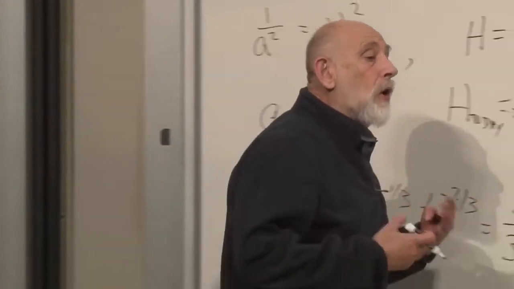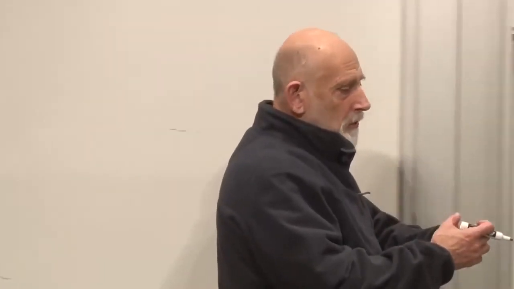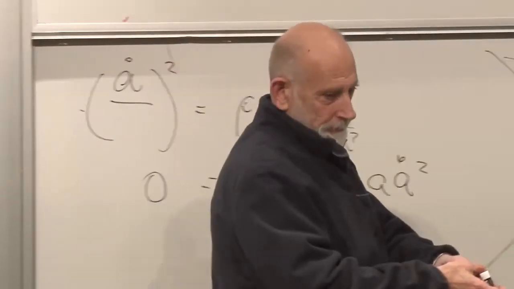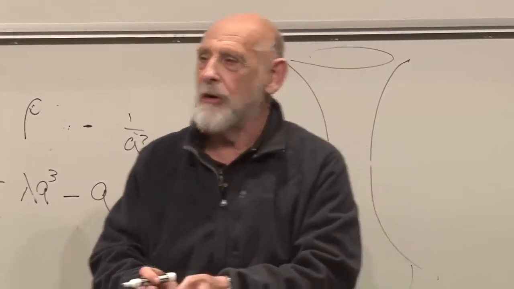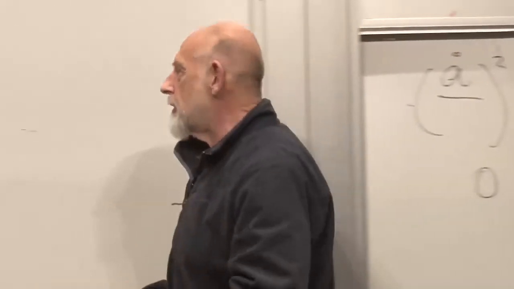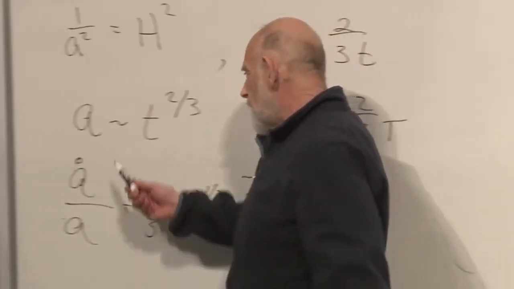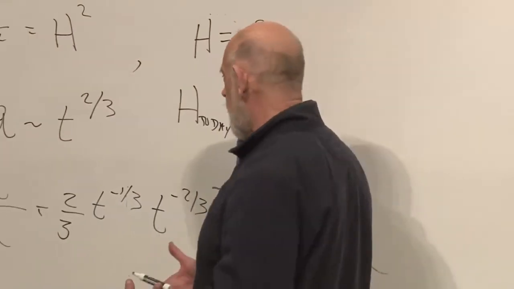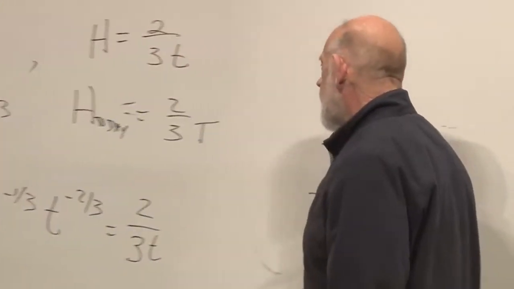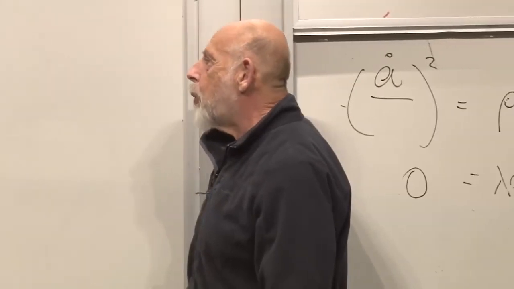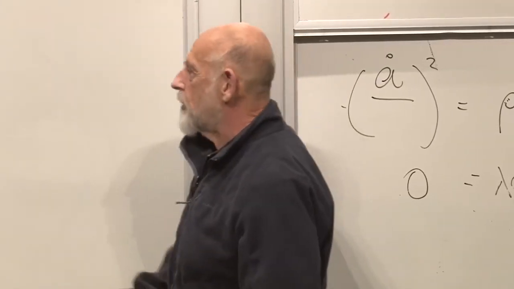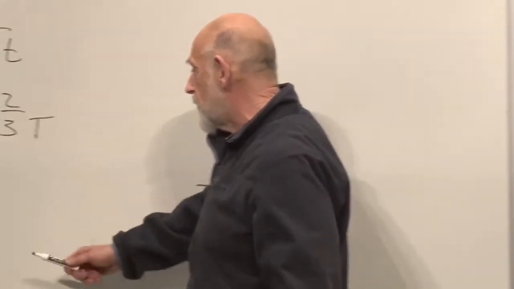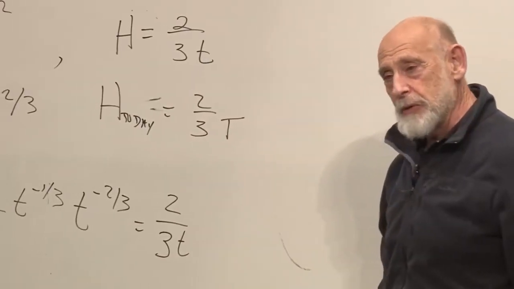In other words, how long it was since the universe was very small. We don't know exactly how small, but how long since the scale factor was many orders of magnitude smaller than it is today. That's what h is. It's essentially 1 over the age of the universe, or to be more exact, it would be 2/3 over the age of the universe.